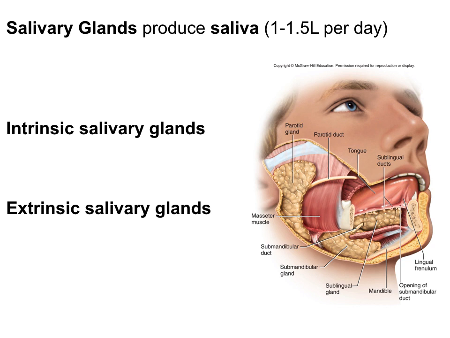There are two classes of salivary glands. You have what are called intrinsic salivary glands. So if you think intrinsic implies internal, these are salivary glands that are actually within the oral cavity itself. So they're in there with all of your other oral tissues.